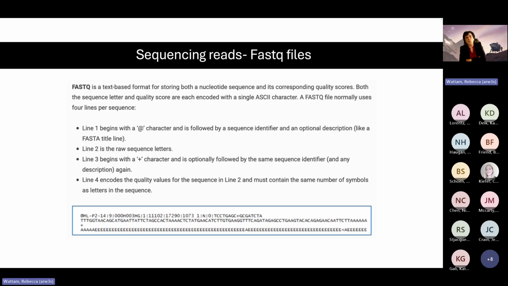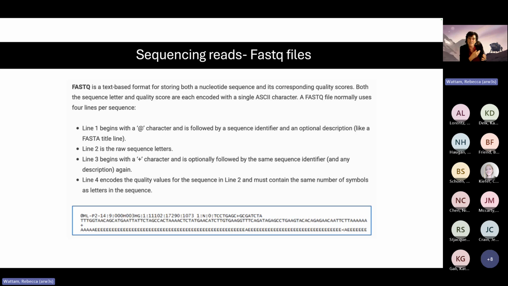So let's start with what you get back from the sequencing facility. There are two different file formats that come back. One is FASTQ files. And the first time I opened one of these and looked at it, I couldn't believe what I was seeing.